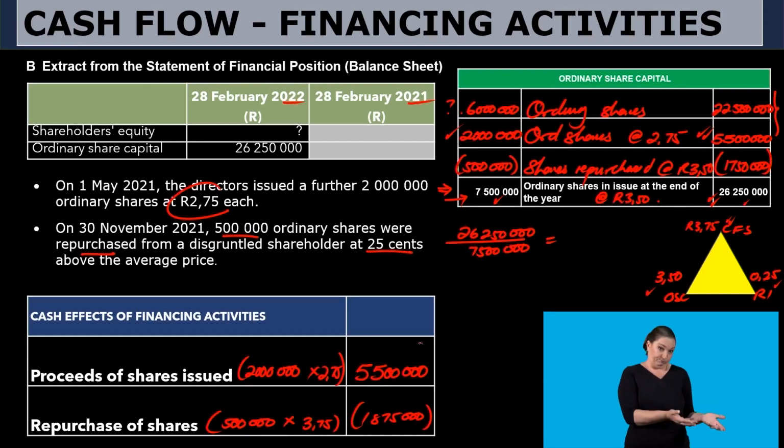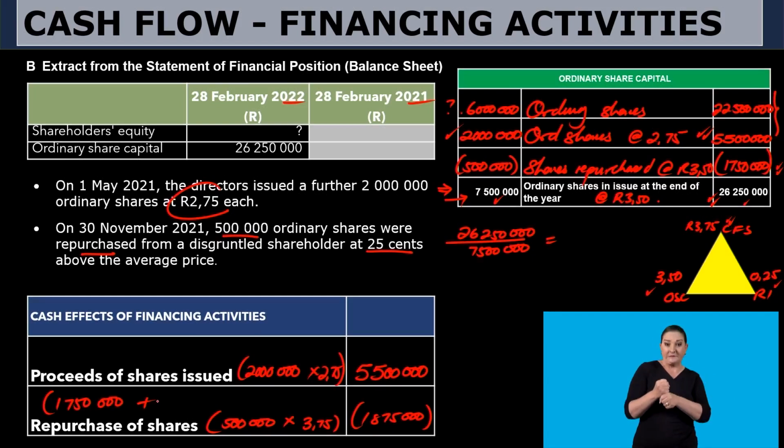Now, there's another way that you could have done the very same thing, whereby you could have added your amount that was in the note. How much did we pay in the note? In the note we recorded 1,750,000. Then you say plus the retained income amount.